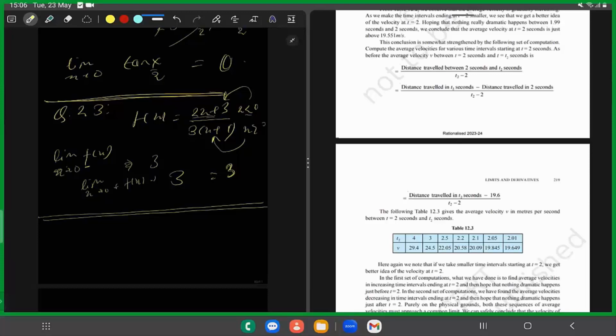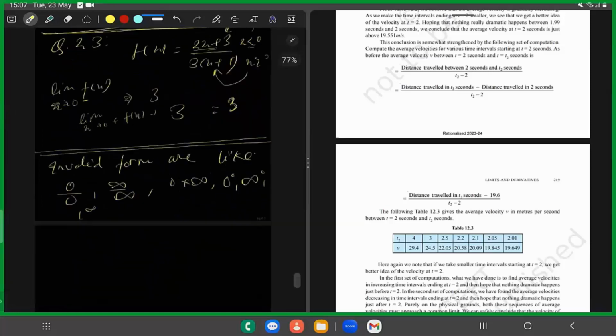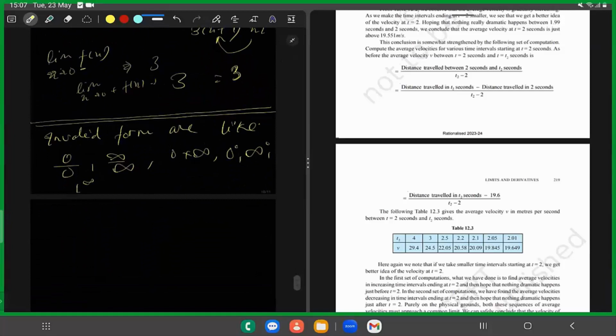Okay, so in case of limit, the invalid forms are 0 by 0 form or infinity by infinity form, 0 into infinity, or 0 to the power 0, or infinity to the power 0, or 1 to the power infinity, etc. These forms are basically invalid forms because they make the value of the function irrelevant, or you may say that you can't determine the value of the function directly.